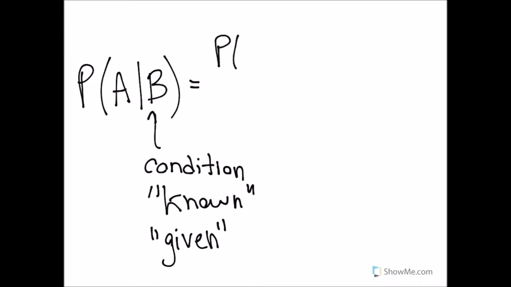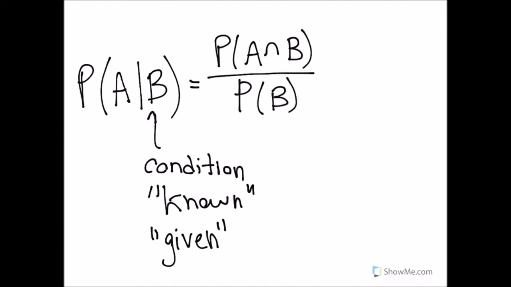And we find this by finding the probability that you're in A and B, so the intersection, the place where those circles overlap, divided by the probability of your given information. The one that goes after the vertical line goes on the bottom here. That's because what we're really doing is shrinking our sample space.